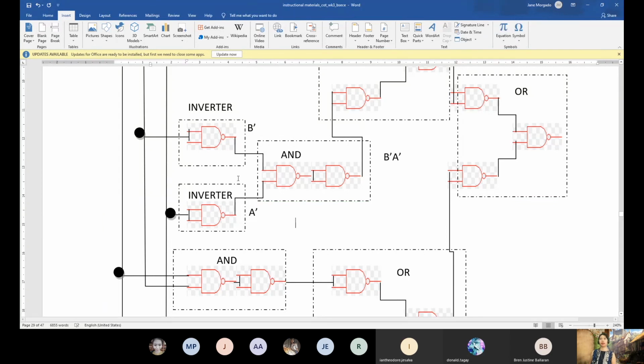Just copy the equivalent circuitry for AND or invert. So B prime, A prime, and then B prime times A prime. This is AND, so the output is B prime A prime.